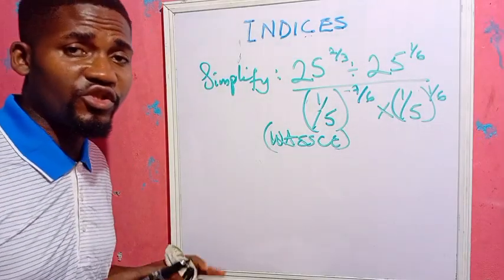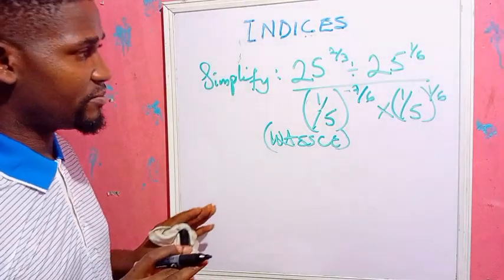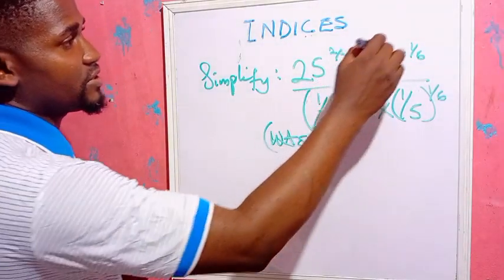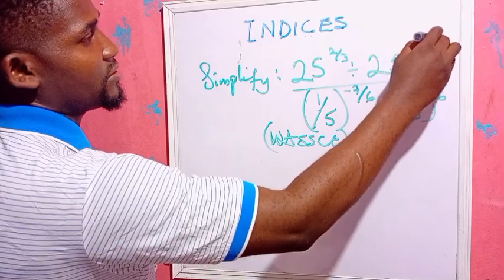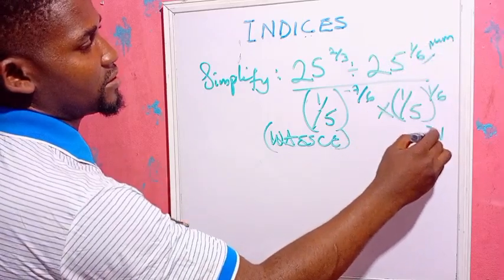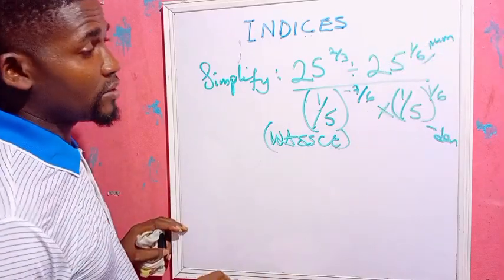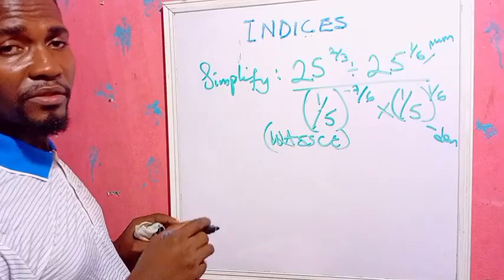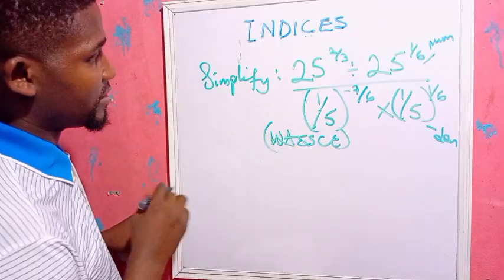Now we have to treat the numerator separately from the denominator. This is the numerator. This is the denominator. So we can express this question like this.